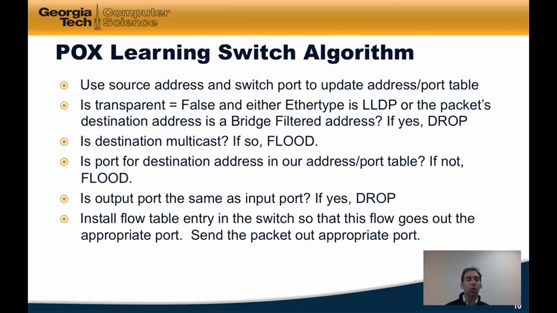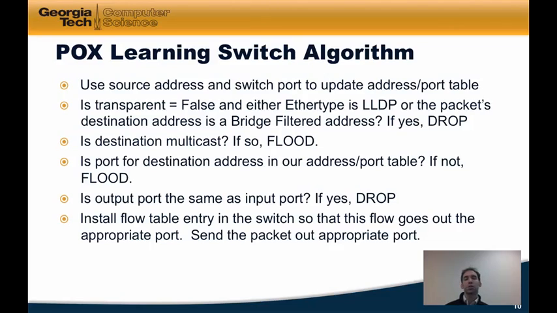Otherwise, the controller sends a flow table modification entry to the switch. That flow table modification entry is similar to the one we looked at in the hub example, but the difference is that the flow table entry is specific to the port on which the packet arrived and that address that's contained in the source address field of the incoming packet.